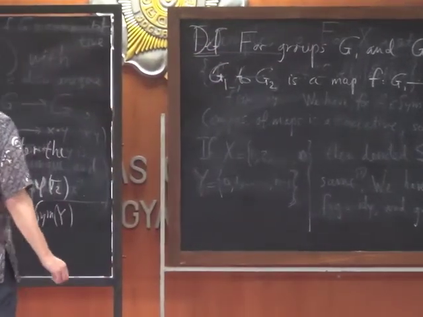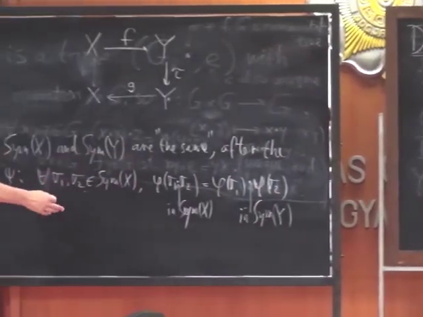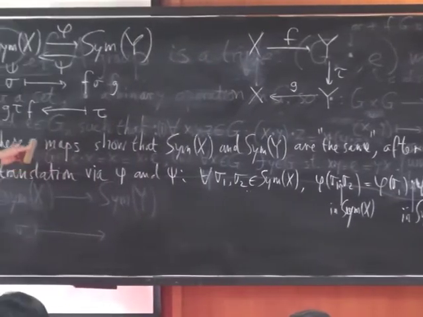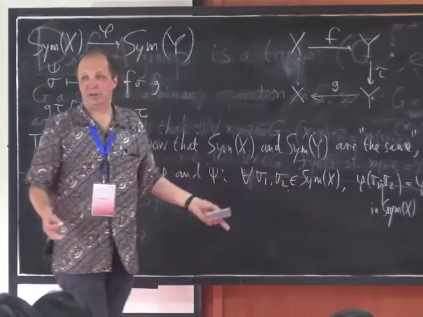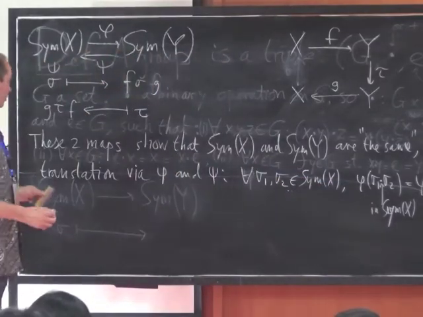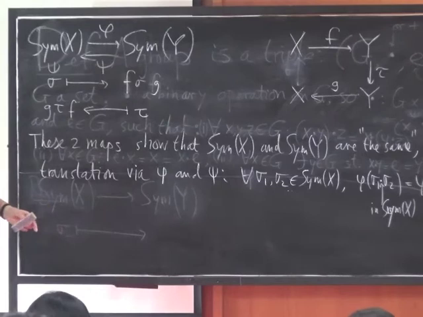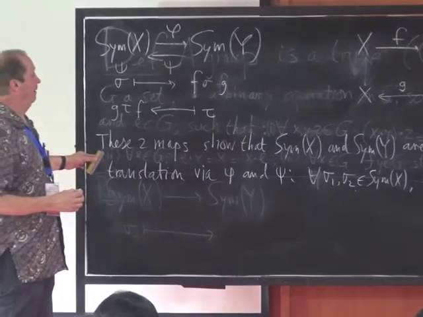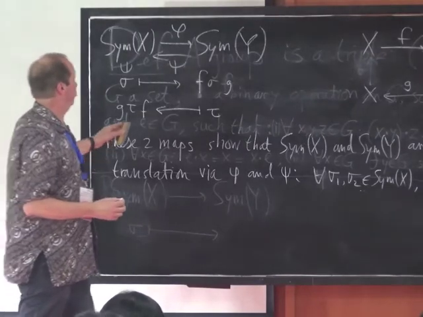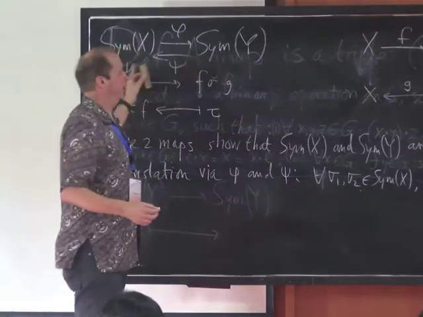Okay, and so what we have shown here is that, well, I did not give you the proof of that, but you can do that yourself, and if not, you come to me in the training session, that these two groups, Sym X and Sym Y, are isomorphic, right?